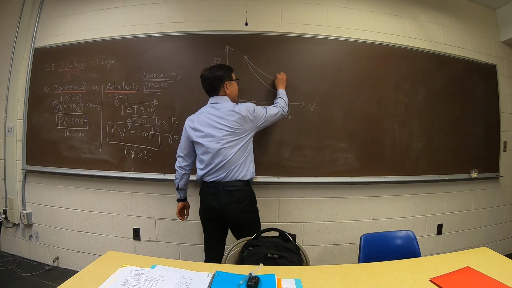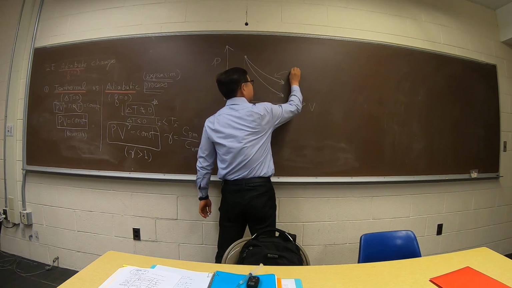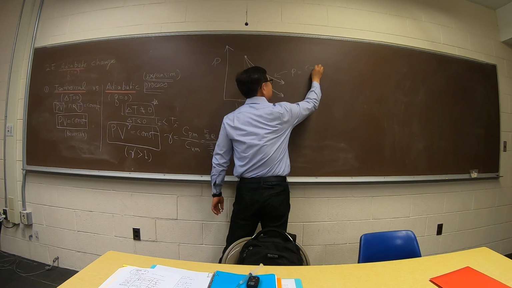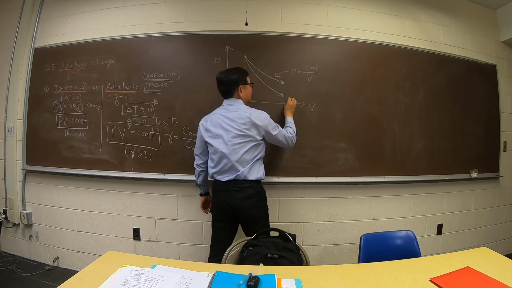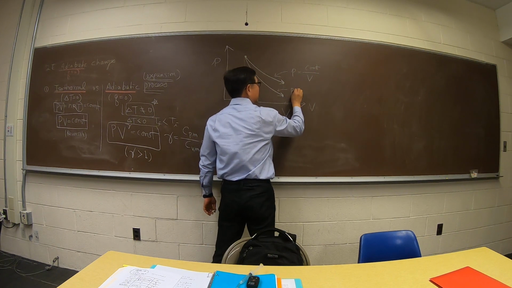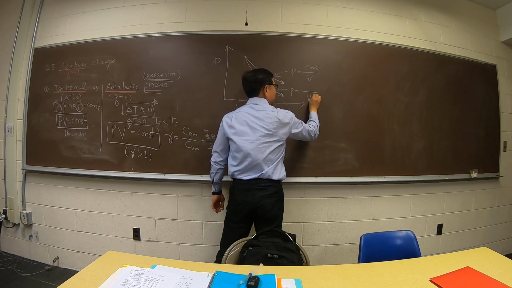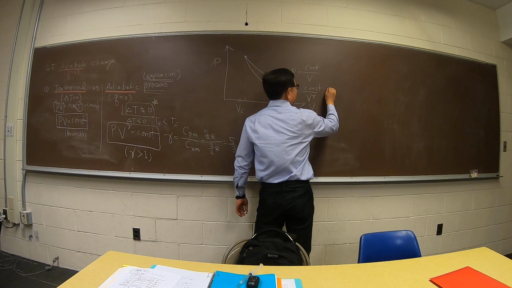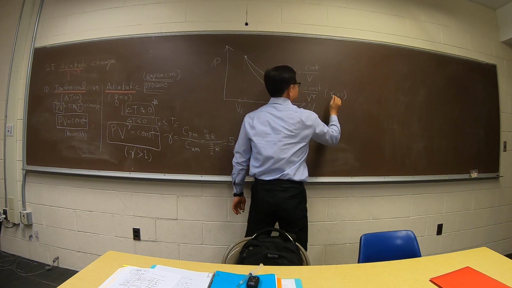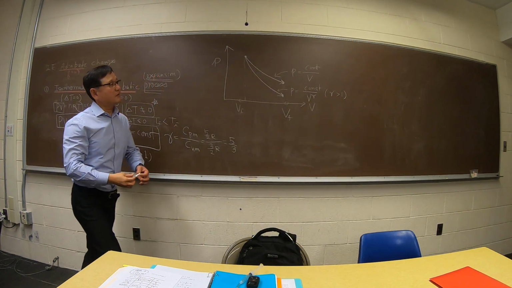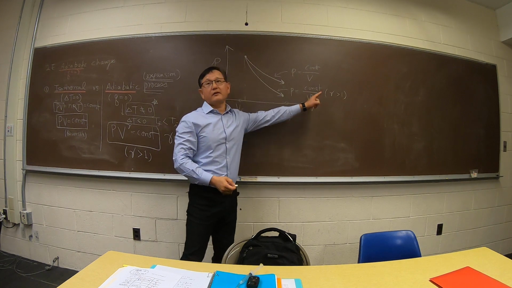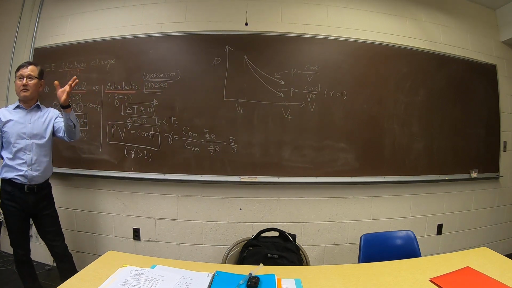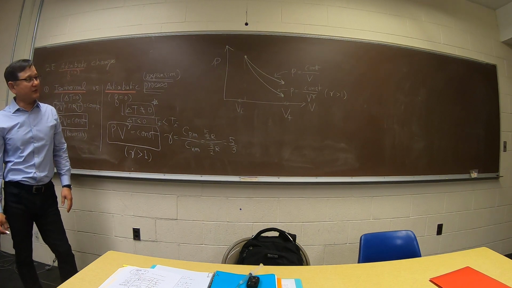Think about it. The isothermal one is essentially a certain constant divided by volume. The adiabatic one is P equals a constant divided by V to the gamma, and your gamma is bigger than 1, for example 1.5 or 1.25, depending on the heat capacity ratio.